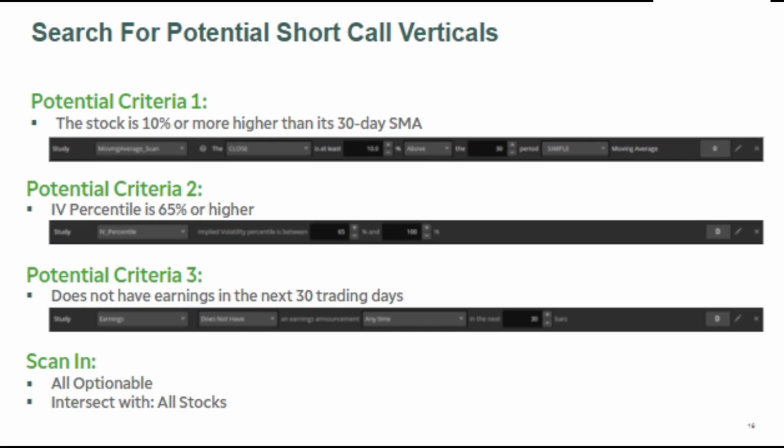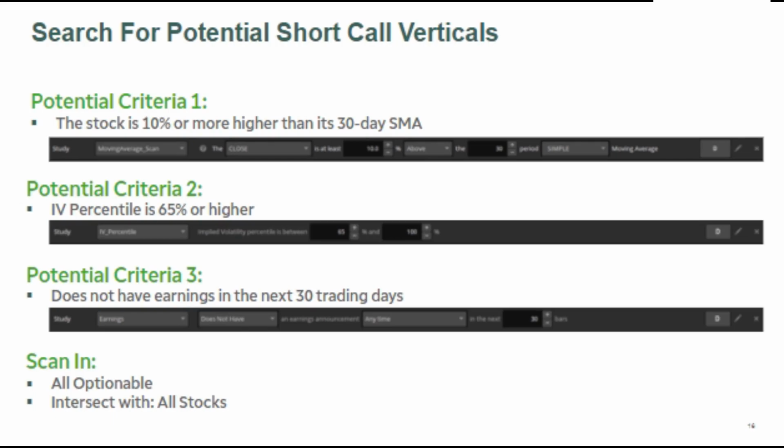Number three, does not have an earnings announcement in the next 30 trading days. With earnings coming up, selling or buying options is really kind of like flipping a coin. Not exactly, because you can still have some insight about what you think the stock will report in terms of their earnings, how they did last quarter, but still the stock likely is going to move big up or down or stay where it is.